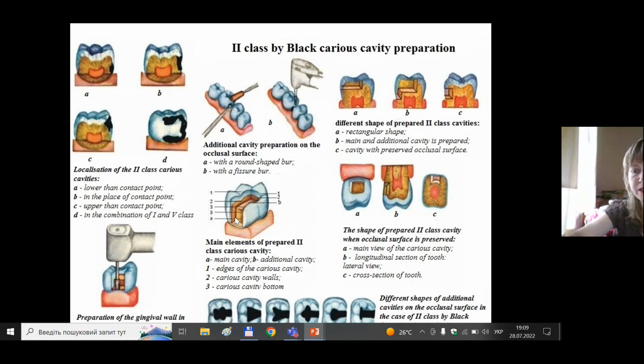But a second-class cavity, as I have said before, has a main cavity and an extra cavity. The main cavity is that cavity that is localized in the area of lesion, the proximal surface, and the extra cavity is that cavity that is prepared first to get access to the proximal surface.